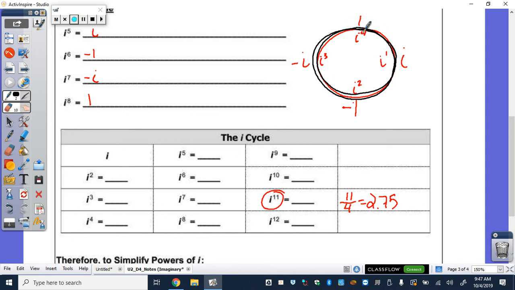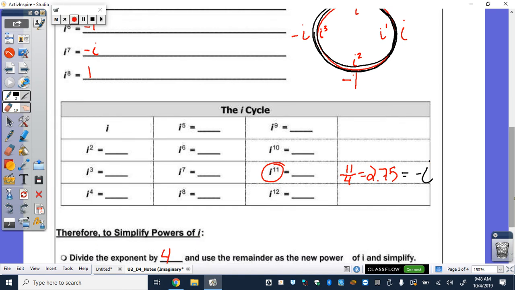So you got to go 3/4 of the way. So quarter, half, 3/4. So this is going to equal negative i. So it tells you how many full times around the circle, which you don't always have to do the full times around the circle. But you got to figure out how much is left. Is it a quarter, a half, 3/4, or does it go to 1 whole?